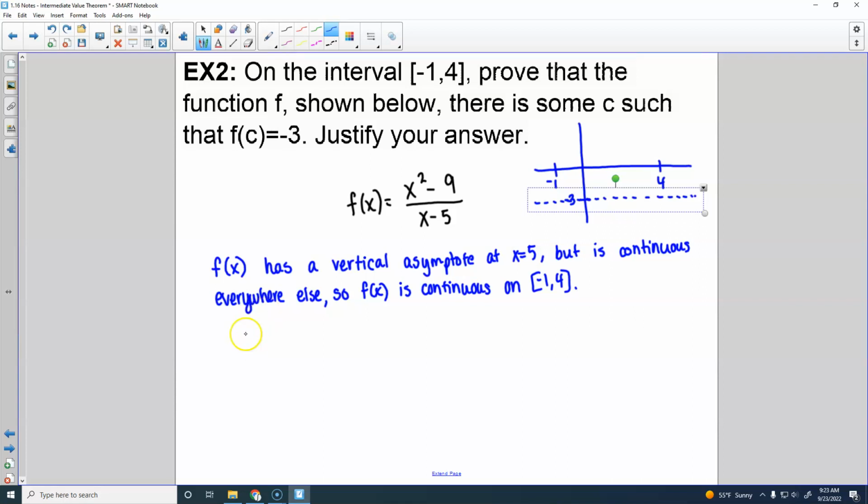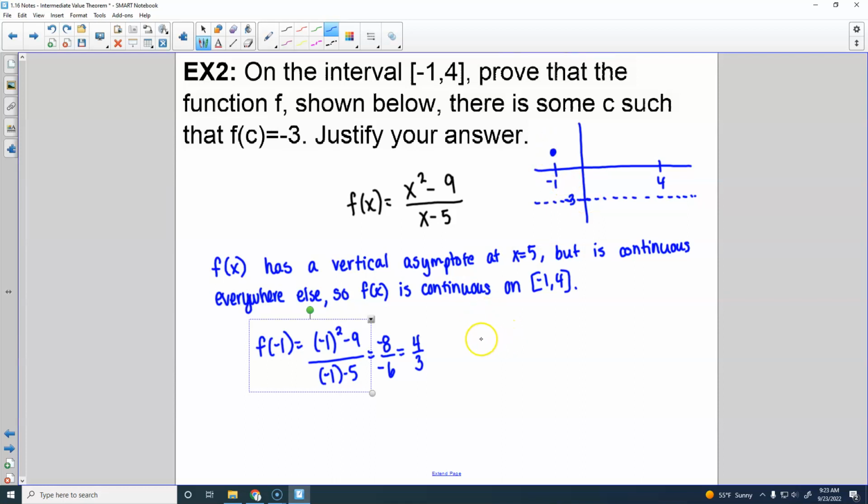So we're just going to plug in -1. So we'll get -1 squared minus 9 over -1 minus 5. So that's going to be -8 over -6. So that will give us 4/3. So at -1, we're up here at 4/3.